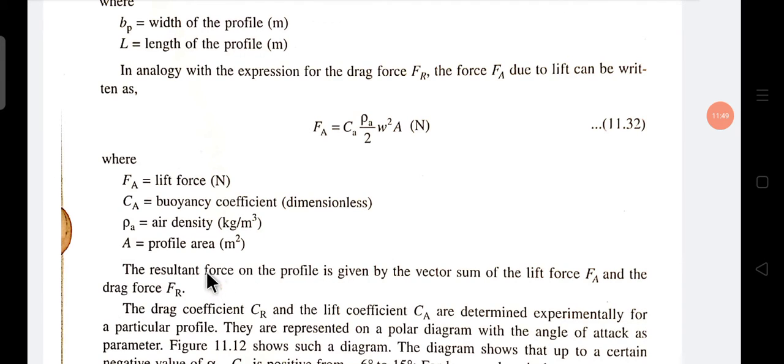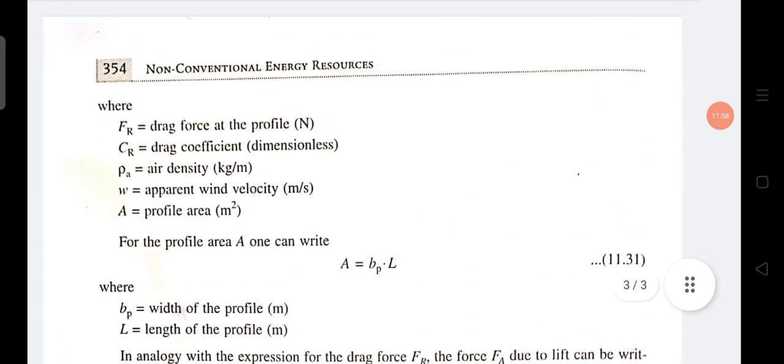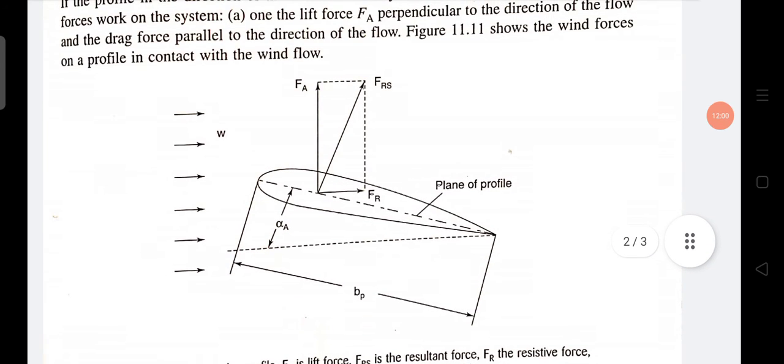The resultant force of the profile is given by the vector sum of the lift force Fa and the drag force Fr. This is the resultant force, FRS. When there are two components of a force, we take the resultant force, calculated by the vector sum of these two forces.